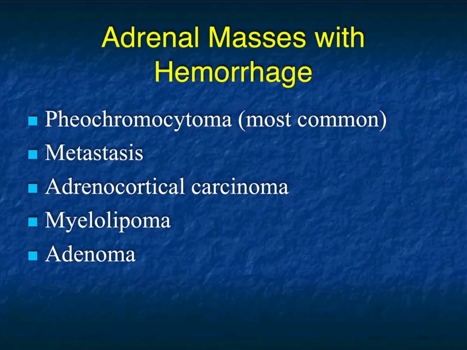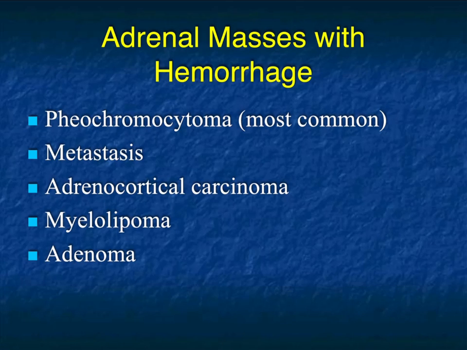Adrenal cortical carcinoma may present with bleed or just bleed at some point during the diagnosis. Myelolipomas classically can bleed. Myelolipomas, if they're symptomatic or if they're over 5 cm, are commonly resected because of the potential for bleeding. And adenomas.